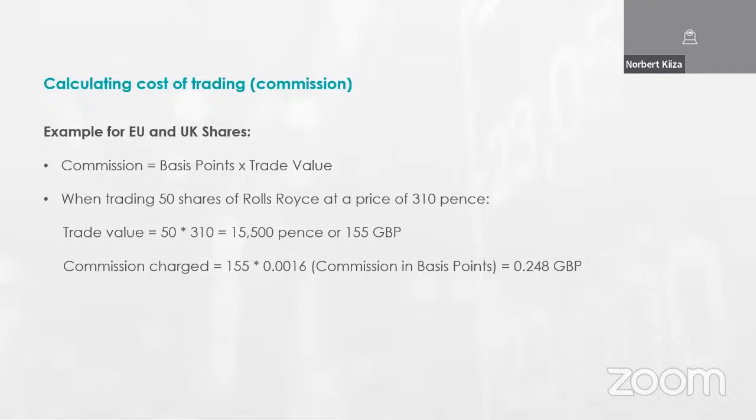So you'd end up spending 15,500 pence, which is equivalent to 155 pounds. Then you'd multiply that cost by 0.16%. So you take 155 times 0.0016, which is the same as 0.16 divided by 100. Once you multiply by 155, you should get around 25 pence. So it would cost you around 25 pence for that contract.